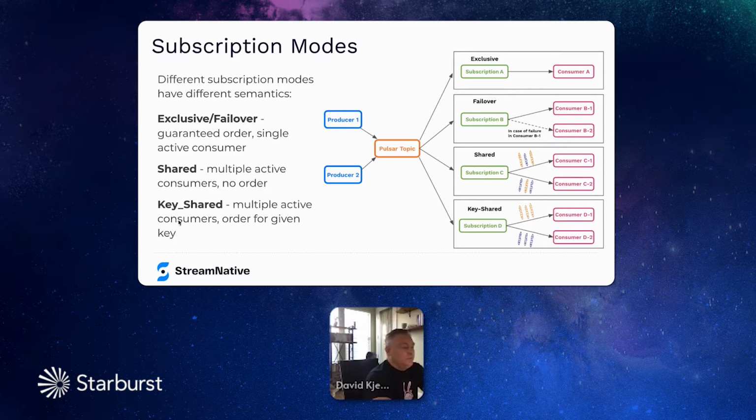And then we've added a fourth one recently called key shared, which has some of the semantics of streaming processing in that it makes a guarantee. Each message can be assigned a key if you want to. So again, let's say you're doing stock trades and you assign the key that is the ticker symbol. This subscription guarantees that each consumer will get that same key.